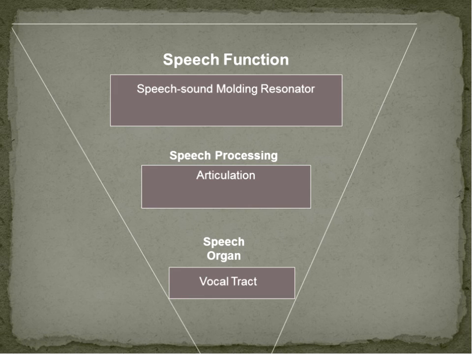So all of those systems are part of speech production. And once speech is articulated and expressed, it is received by the ear. And I'll go back to that last slide in just a minute.